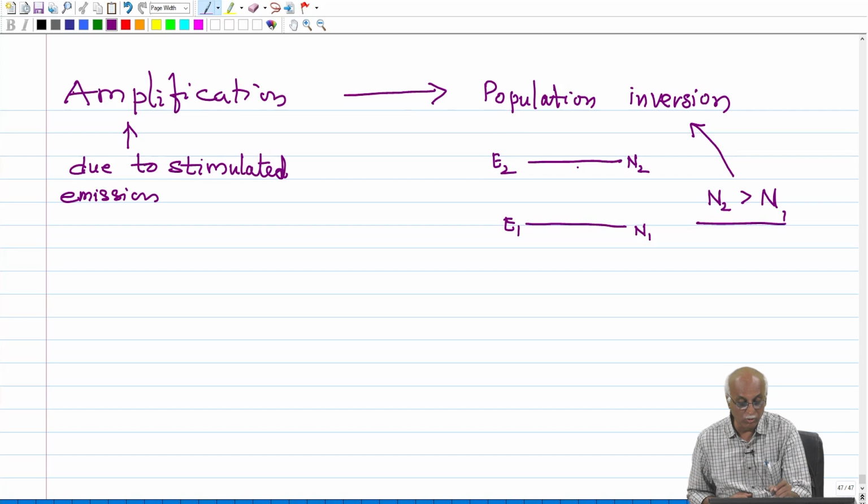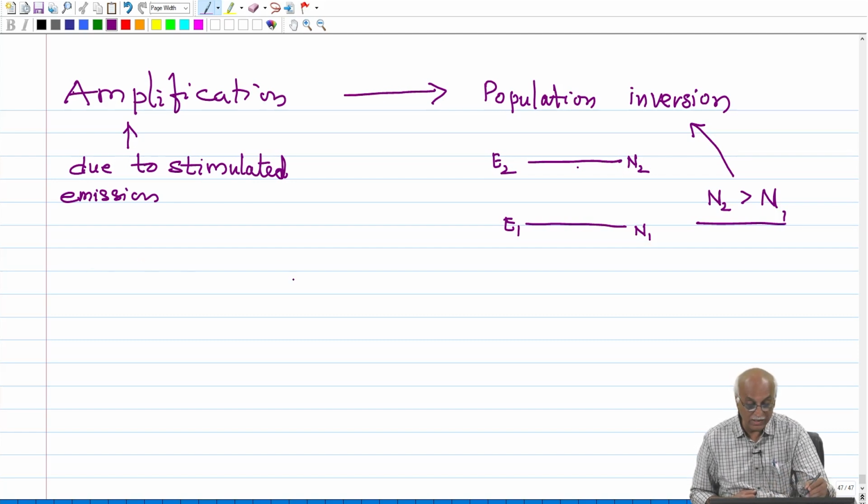However, as we also learned, when we are considering two level energy systems, population inversion is not possible, because we learned already that the absorption and stimulated emission coefficients are equal. So, we will not be able to achieve this.